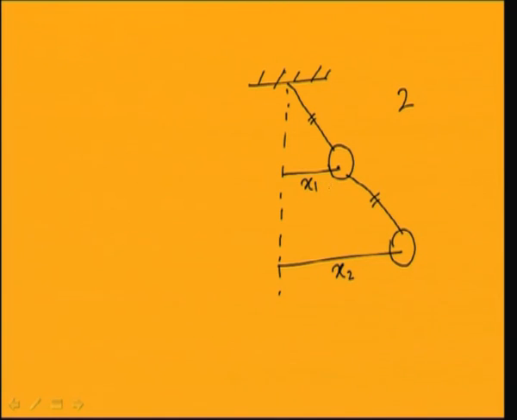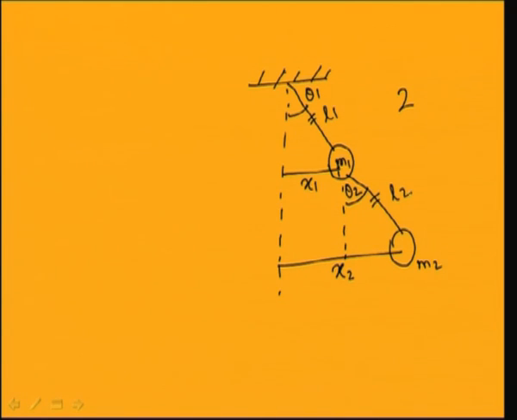So I can take x1 and x2 as the generalized coordinates in this case, and by taking this generalized coordinate system instead of theta 1, theta 2, I can also derive this equation of motion. So let us derive this equation of motion using Newton's method. This is theta 1 and this is theta 2. This is mass m1, this is mass m2, this length is L1, this length is L2.